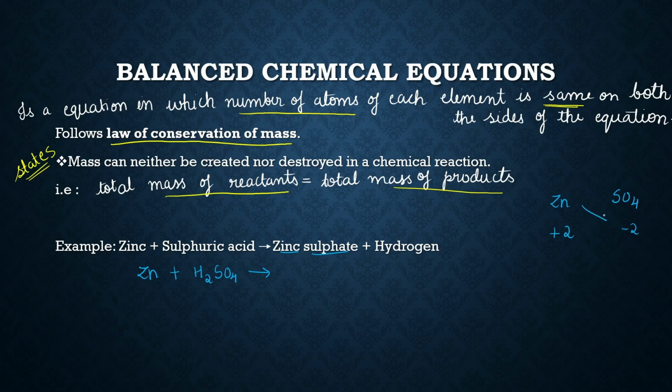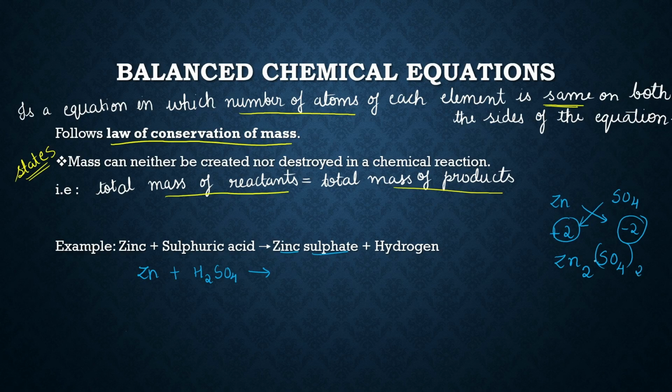You will cross over the charges and along with zinc you will write the magnitude of the other charge. That means you will just write the magnitude, you will not write the sign. So it is Zn2 and SO4, and on the opposite side also you have 2.